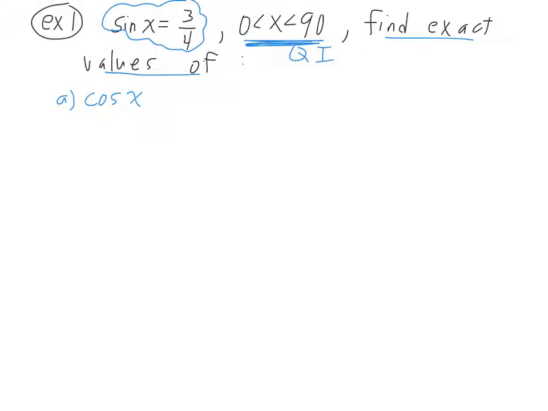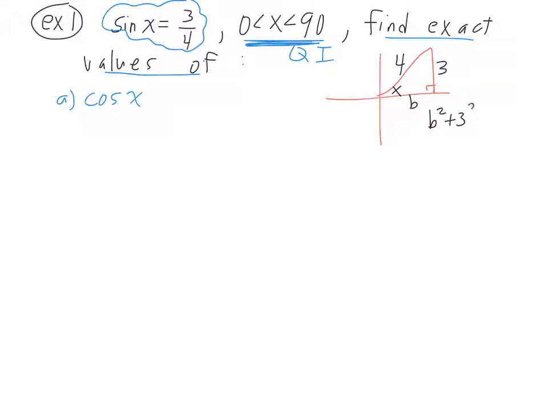One way is to say, first quadrant, that's where we're talking here, our angle is x. If the sine of x is 3 over 4, that means the opposite side is 3 and the hypotenuse is 4.